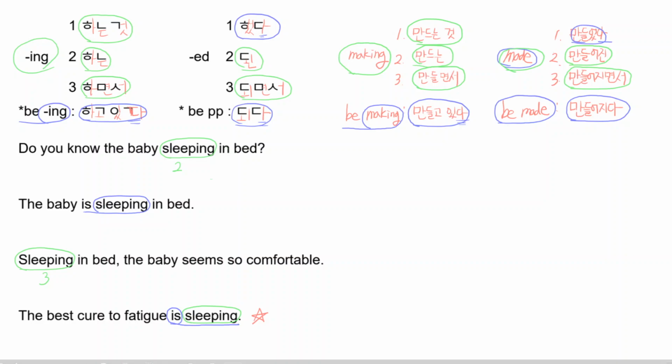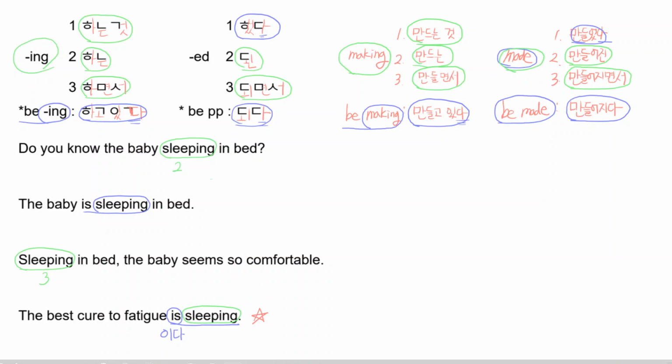What do you think? So is means 뭐뭐이다, right? And sleeping could mean one of the three things. 자는 것, 자고 있는, 자면서. So which one could be right? 피로에 가장 좋은 치료는 자는 것이다. Oh yes, the first one is right, right?